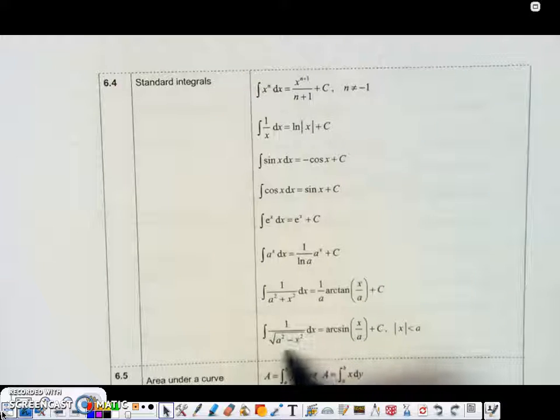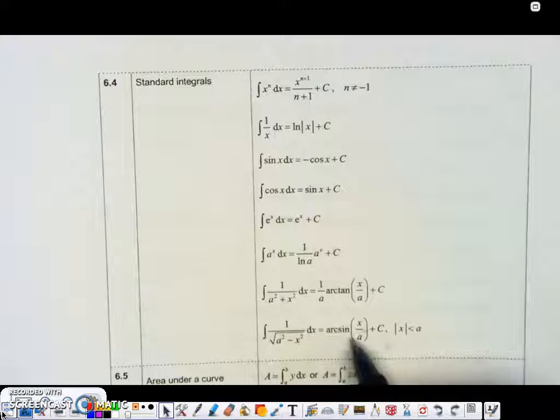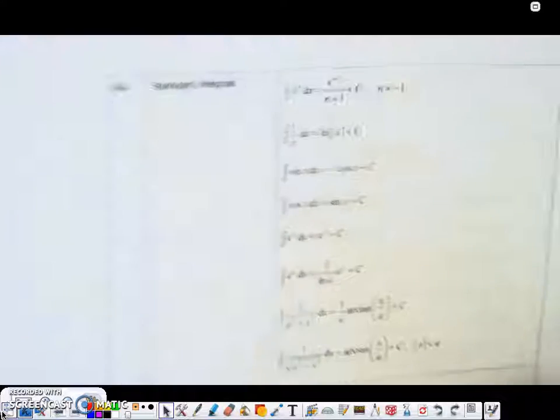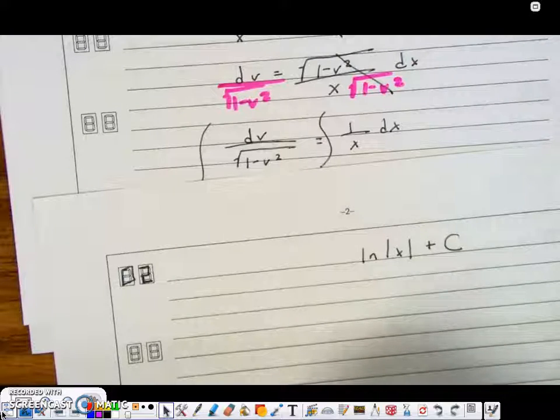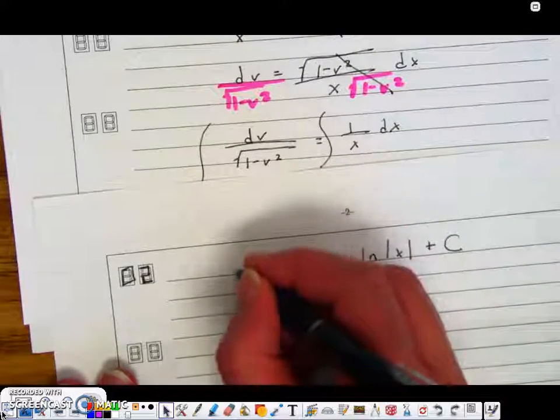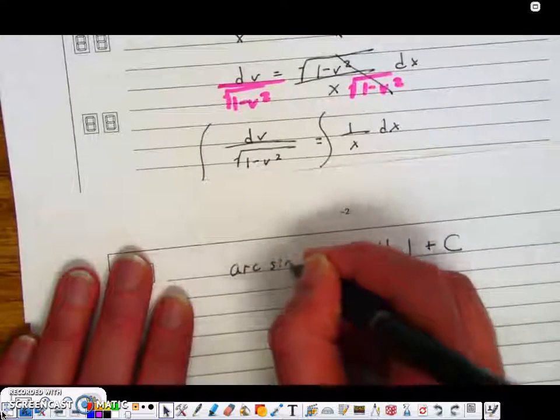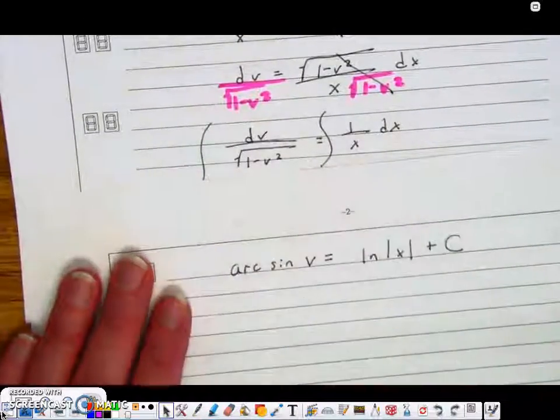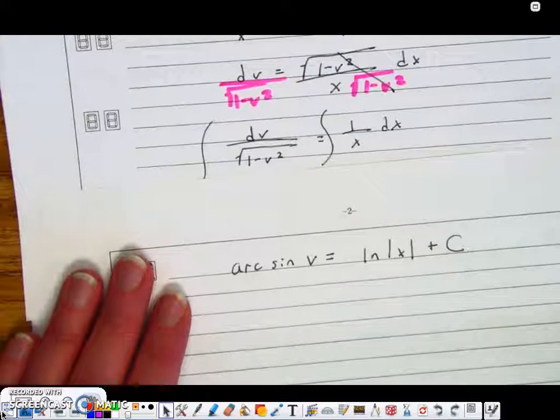Okay, but that looks like this guy, and we just have a 1 for a, so this would just be arc sine of v over 1. Okay, you only need your plus c on one side. Okay, so this guy right here would be arc sine of v equals ln of the absolute value of x plus c.